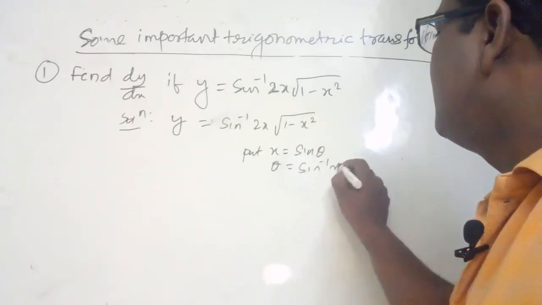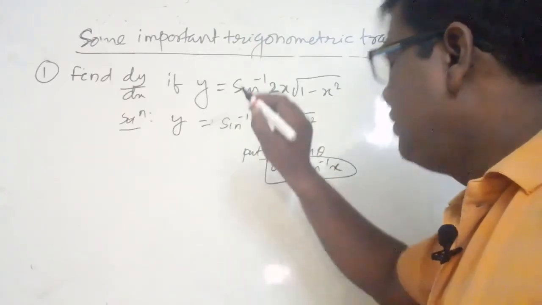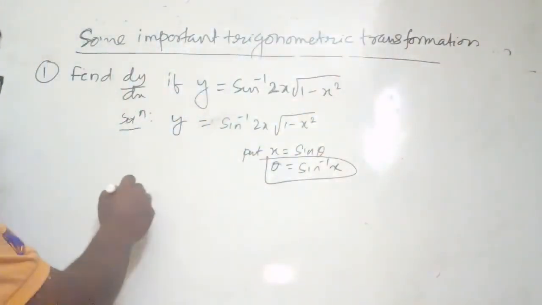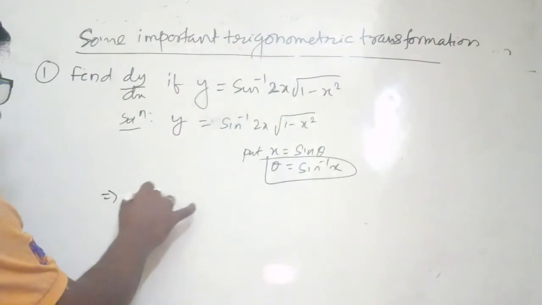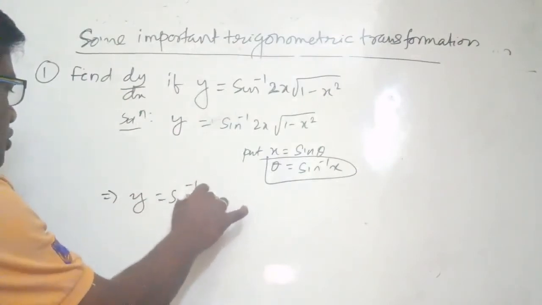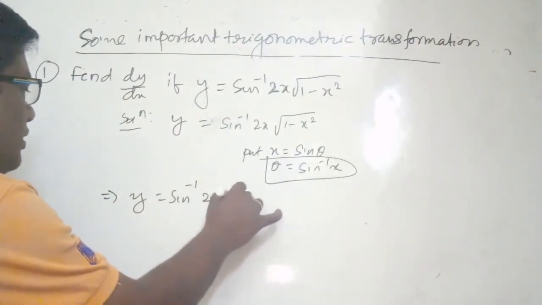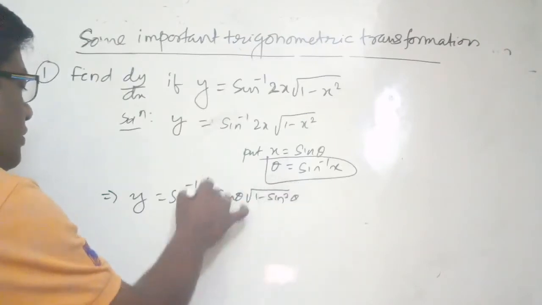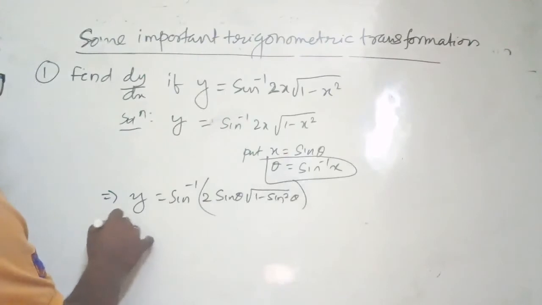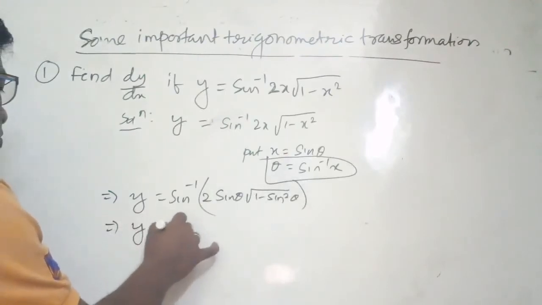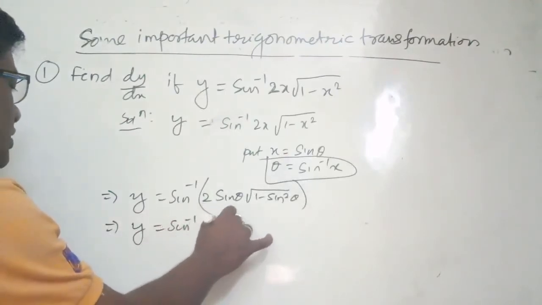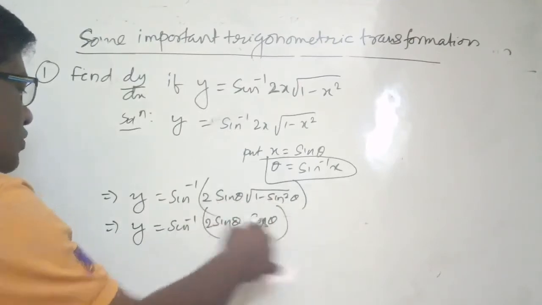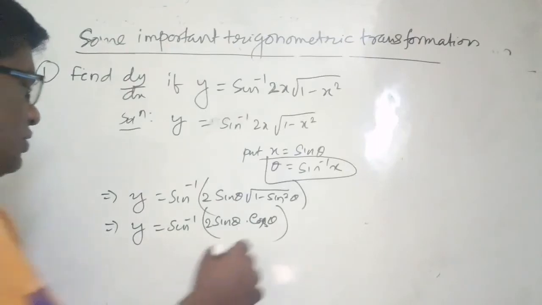Or theta is equal to sin inverse x. Now y is equal to sin inverse of 2 sin theta into root over 1 minus sin square theta. So y is equal to sin inverse of 2 sin theta into cos theta. 2 sin theta cos theta is equal to sin 2 theta.